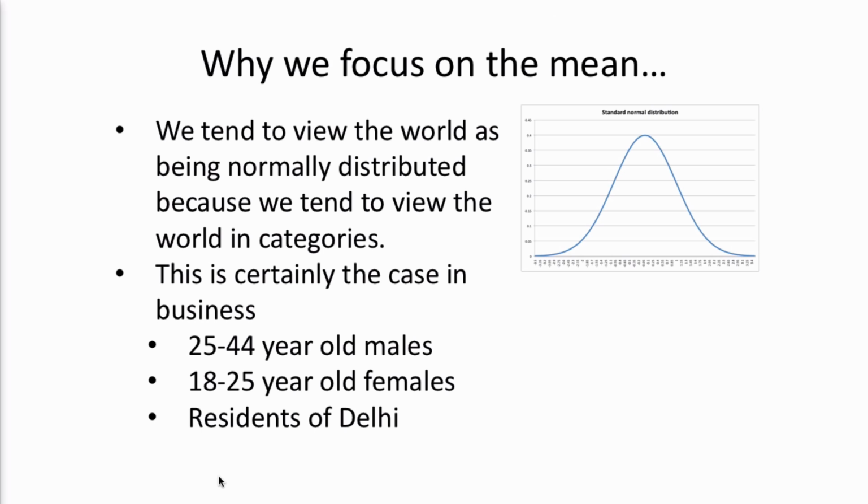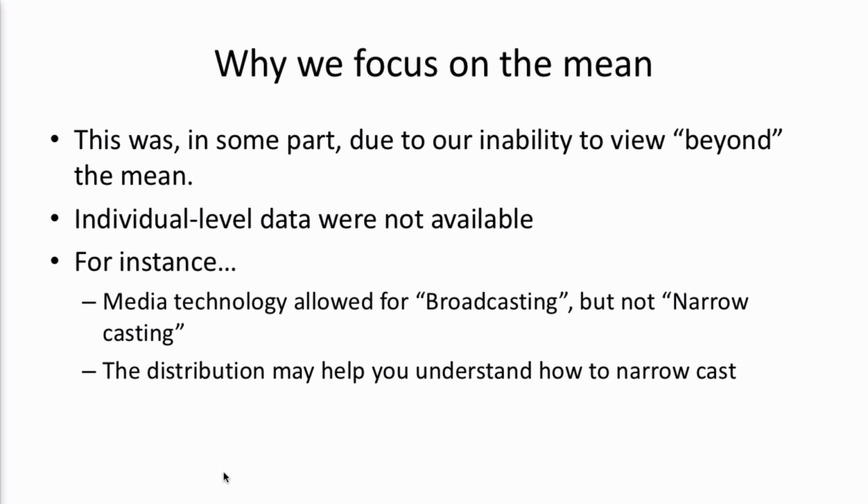That's kind of this demographic that all the sports teams want, right? Residents of Waco or residents of Delhi. But the reason we tended to think of the world that way is because it was our inability to view beyond the mean, right? We couldn't get individual level shopping information. We couldn't get individual level purchasing information or whatever, right? And so media technology allowed for broadcasting, but not for narrowcasting, right?